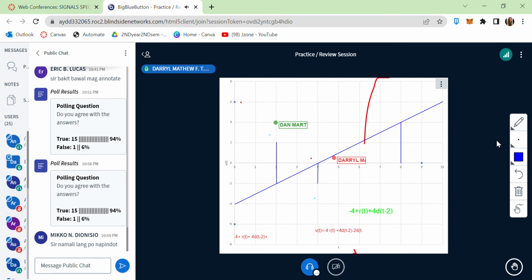Kasi since spike lang siya in the graph, hindi niya i-affect yung overall continuous na shape natin. Yung dalawang pinapansin ko when it comes to the continuous shape of the graph would be mga ramp functions and mga step functions. Kasi yun yung magsasabi sa akin, oh, lumiko siya ng ganito or nag-jump siya ng ganyan.